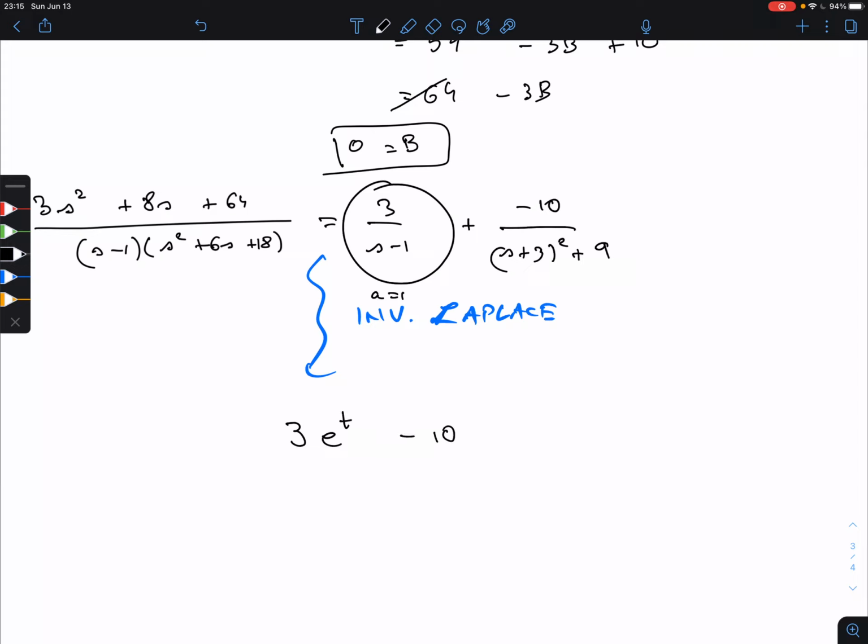Okay, minus 10. Now what is this? We know that these are either sines or cosines. It's a sine if it's a constant, so in this case, if there would have been a b term, which happens to be 0, I just want you to see that this can happen, but in general it will be there, and that will be the cosine. Just keep that in mind.